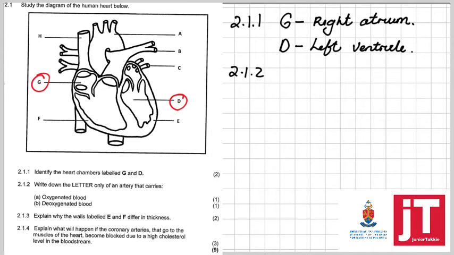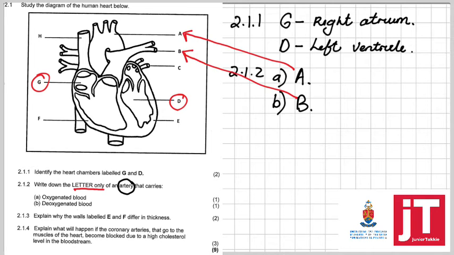2.1.2, here it says to us, write down the letter only of an artery that carries A, oxygenated blood, and B, deoxygenated blood. So by now we will know that arteries carry blood away from the heart, and these are going to be the blood vessels that are leaving the ventricles.